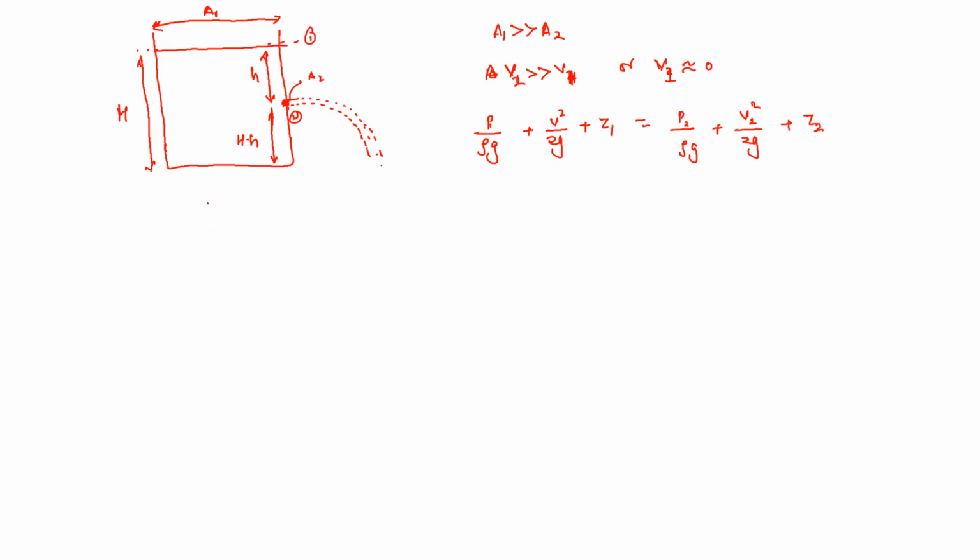Right, so Z1 and Z2 are just, if this is the orifice, from some datum this is Z2 and this will be Z1.